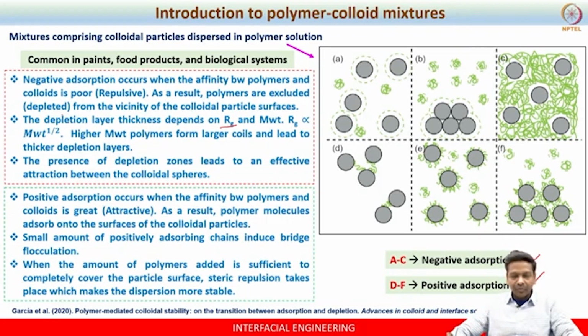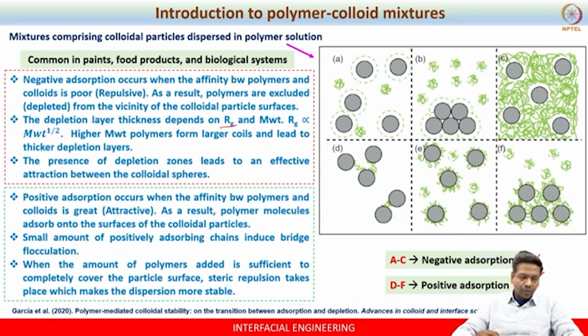This is clear now. There is something called positive adsorption. In this, the affinity between the particle and polymer will be great. In such a scenario, they will get adsorbed onto the particle surface nicely. This happens when the affinity between the polymer molecule and particle surface is great.